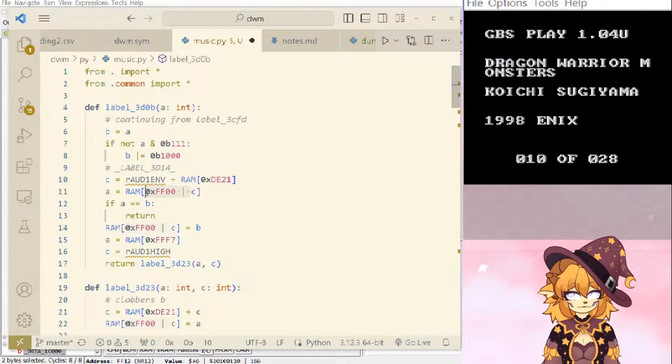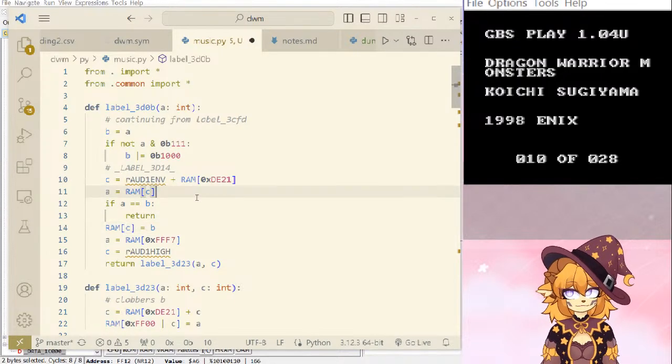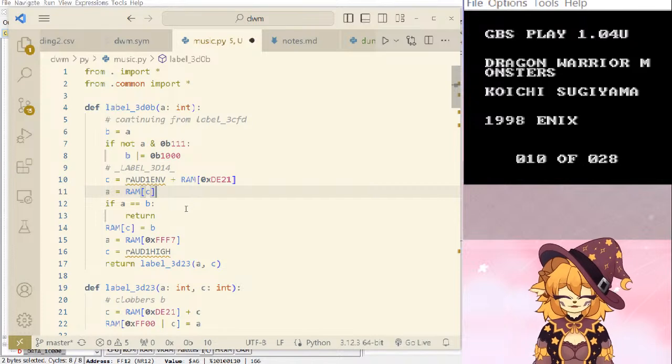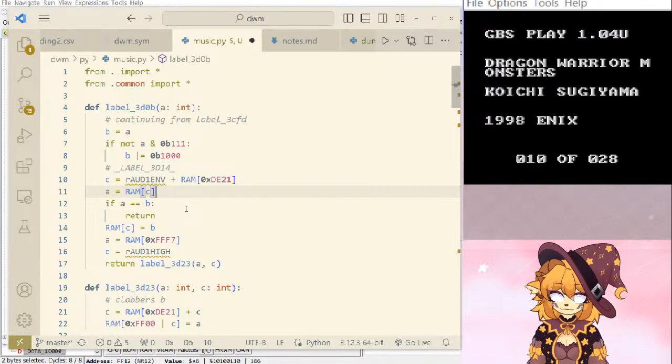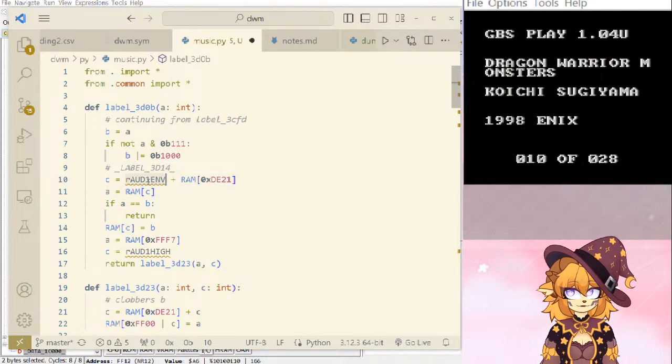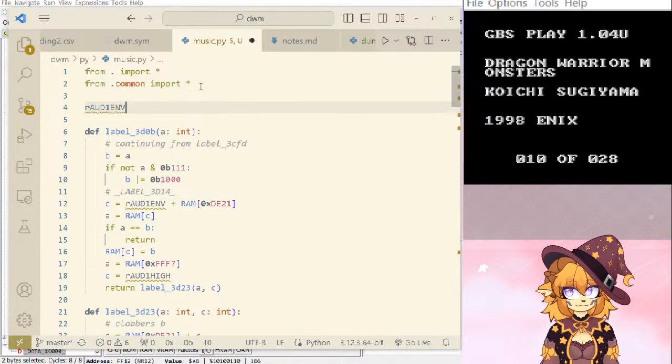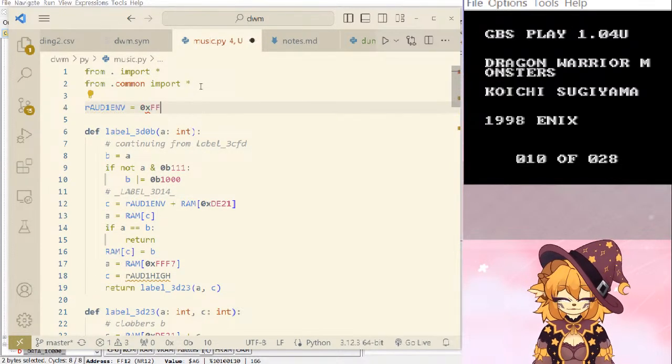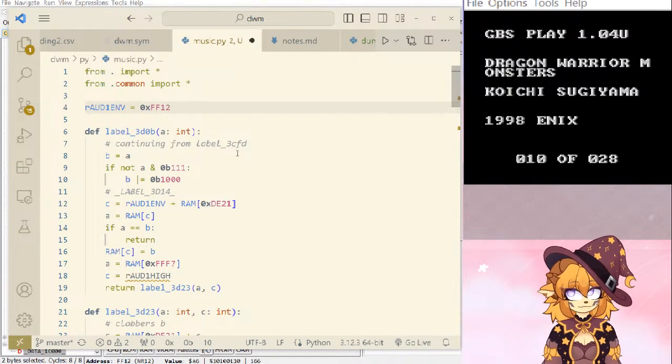So this does set, I should set all these.